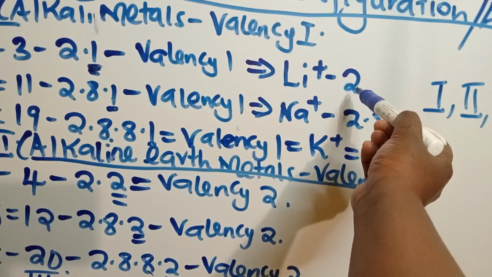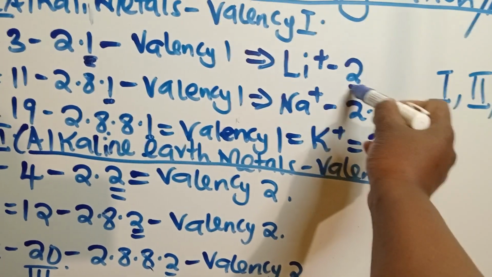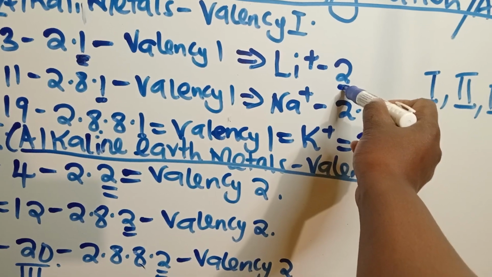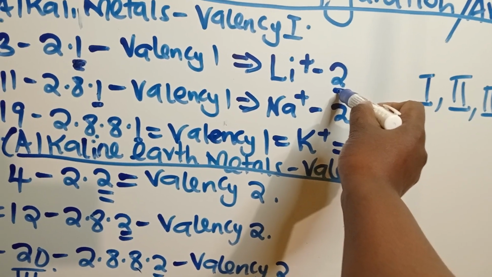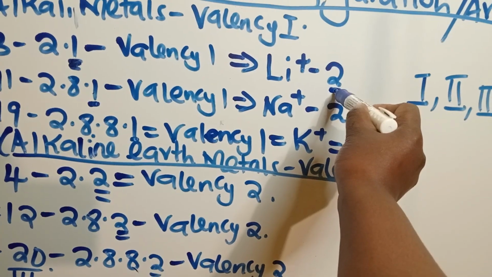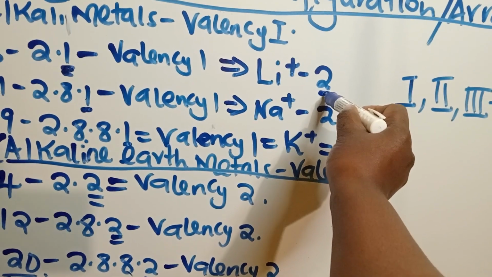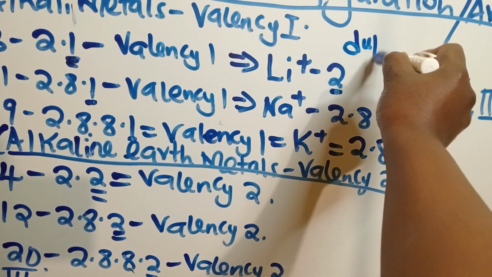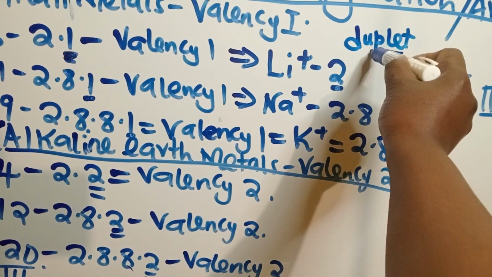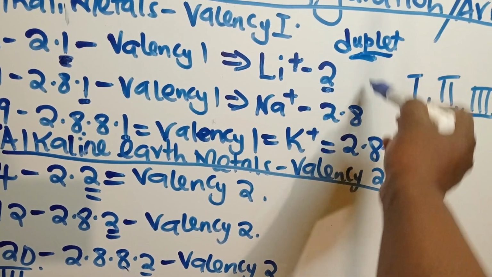If you check on these ionic configurations, this one looks like that one for helium, that we said that helium is already stable with a maximum number of 2 electrons in its only 1 energy level, and the kind of stability that it has is the one that is known as a duplet configuration. It is one type of the stable configurations that we have.